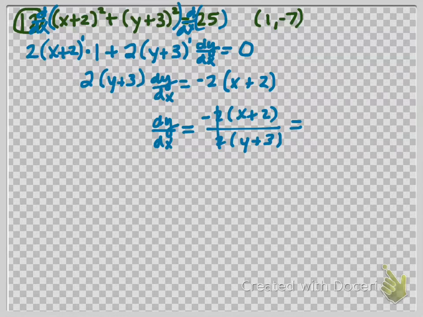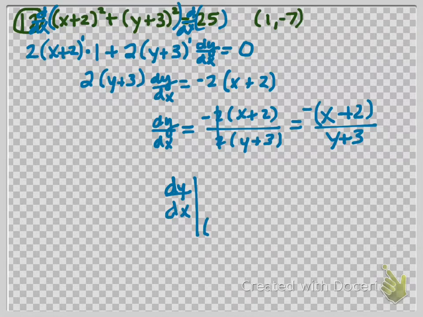All right, so what do we want? We want this slope at negative 7. This is the proper notation, i.e., this is what Twitty expects to see on her tests.